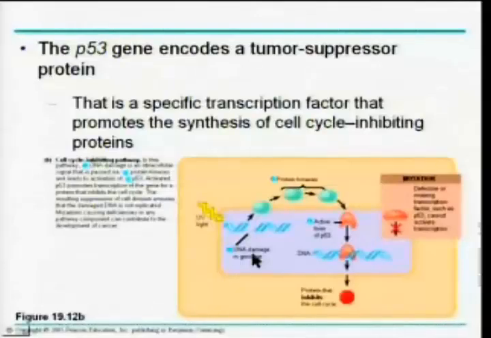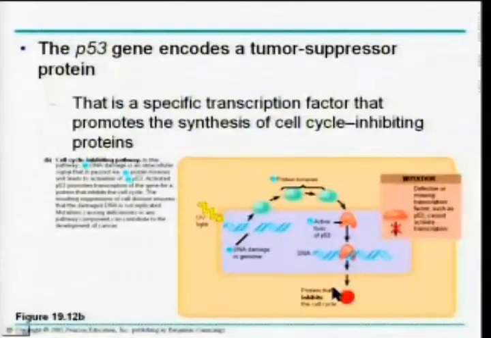Mutations causing deficiencies in any pathway component can contribute to the development of cancer. So here in the brown box, mutation, defective or missing transcription factor such as p53 cannot activate the transcription of the protein that inhibits the cell cycle.